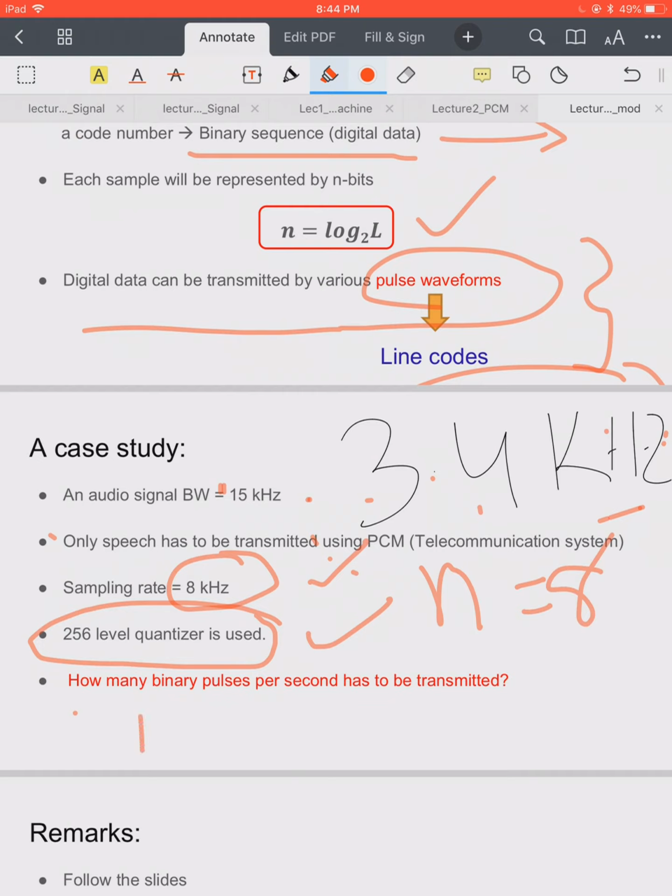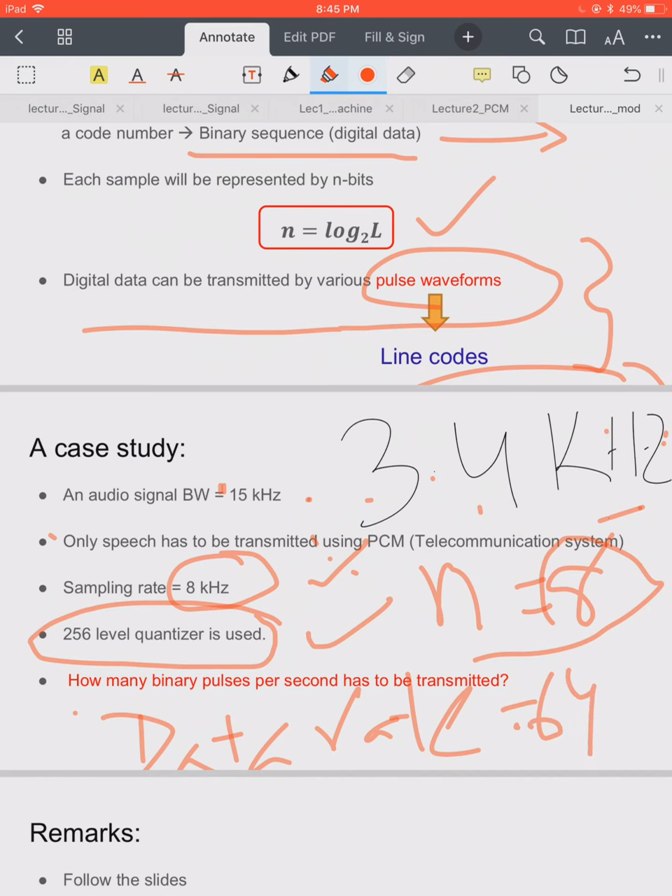What will the data rate of the PCM signal be? I need to transmit 8000 samples per second, and each sample is represented by 8 bits. So 8 times 8000 is 64,000 binary pulses per second.